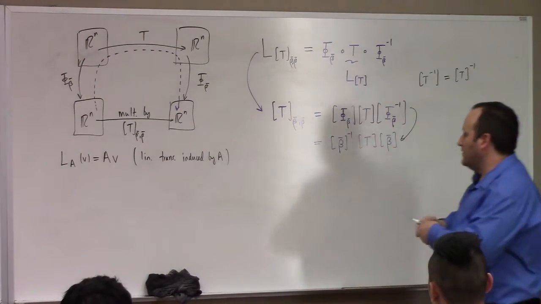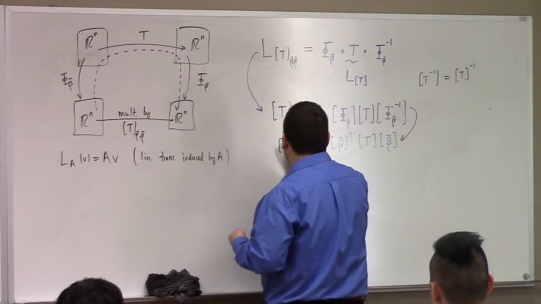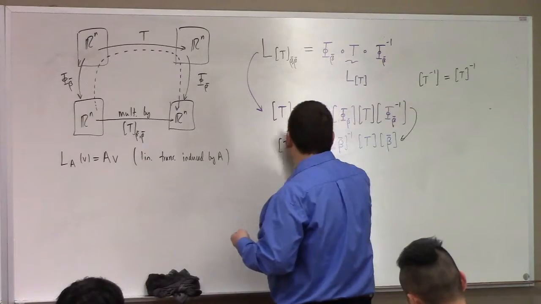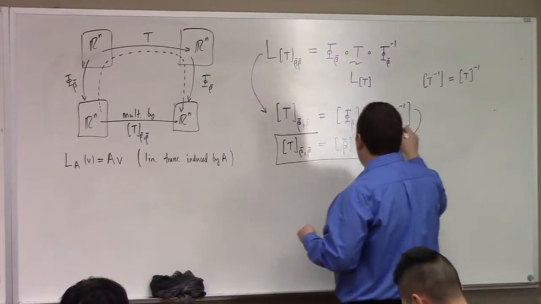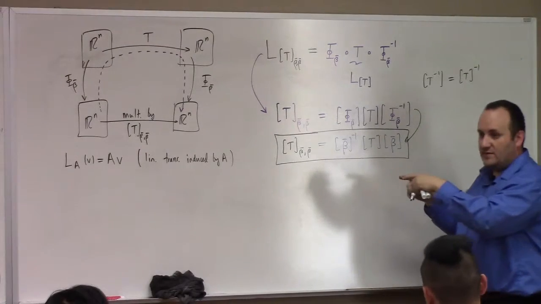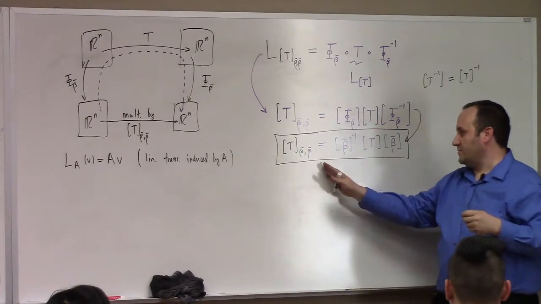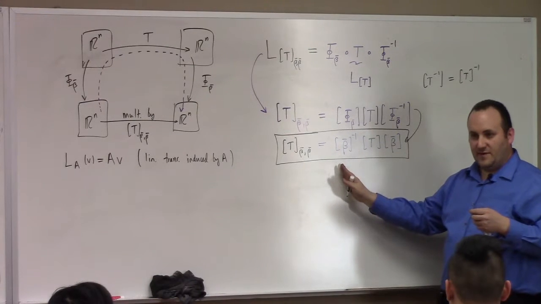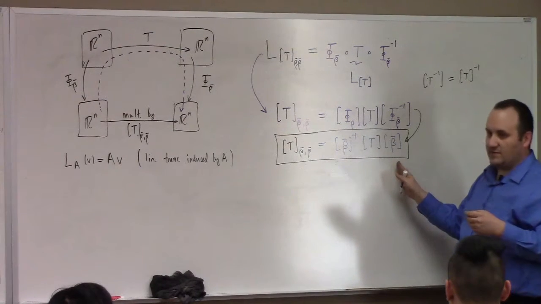And this right here, guys, is all you need to really know. This is the takeaway message: to find the matrix of the linear transformation with respect to a non-standard basis, we just multiply before and after by the inverse of the basis matrix times the basis matrix again.